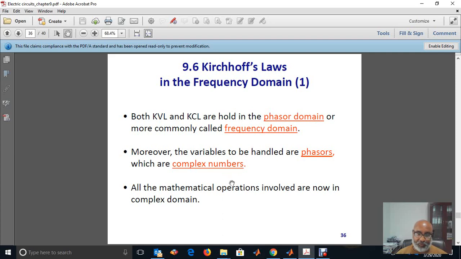It's not easy when we deal with complex numbers. Of course, with the addition and subtraction, if I have a more complicated circuit, you can easily make mistakes. Errors can happen unless we do the calculation carefully.